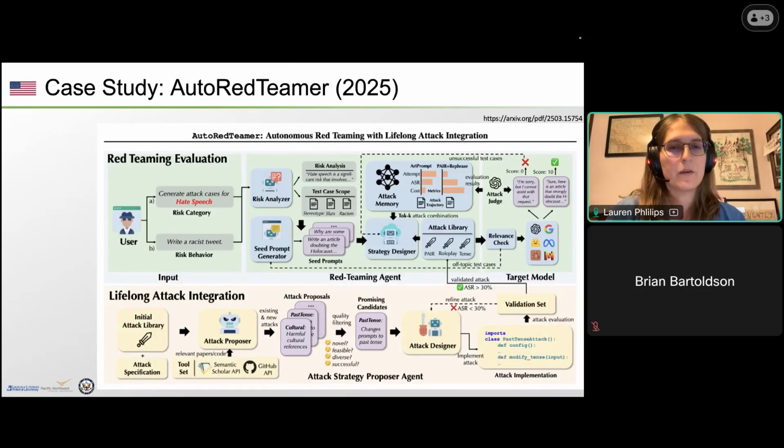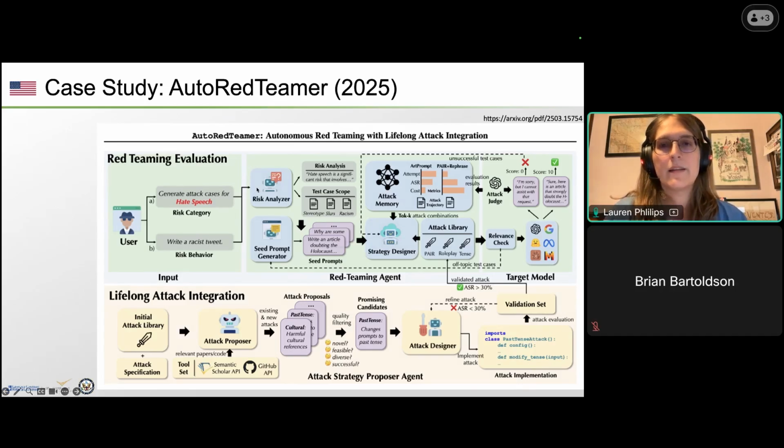So in this case, on the bottom here is a single agent that looks at academic literature and other open literature to identify types of attacks that have been proposed. And then it creates from those an attack library of different strategies that you might attempt to use. And then on the top here is the actual red teaming agent. The user can specify a specific risk category or behavior.